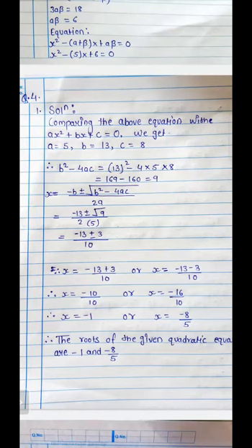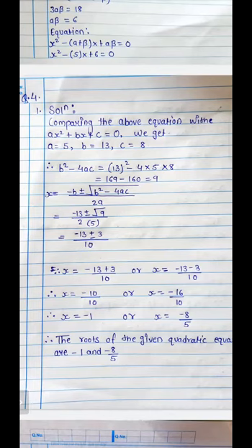In this question number 4, first question, what we have to do is solve the quadratic equation using formula method. That is 5x square plus 13x plus 8 is equal to 0. This question is given and here you have to use formula method.